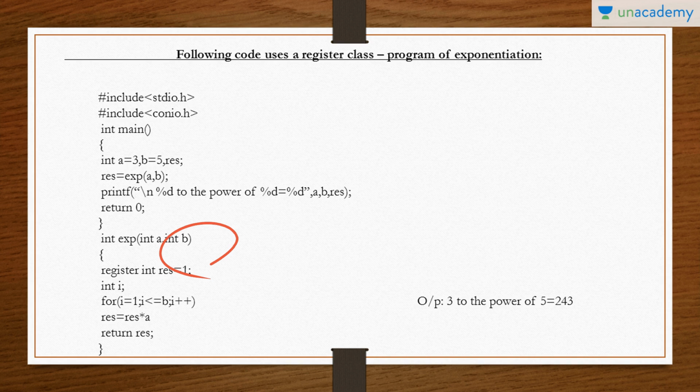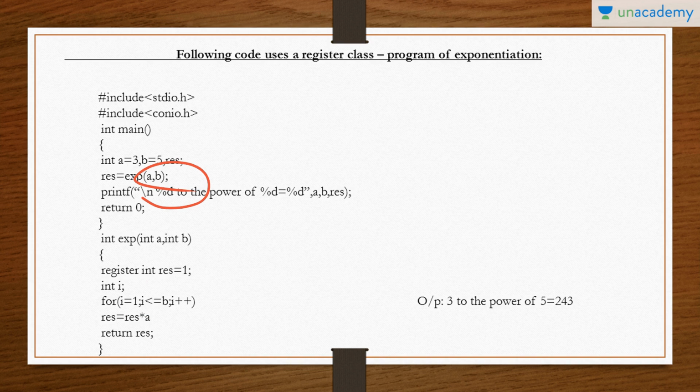As I told you earlier, you are all aware of why we use a for loop: it is used for continuous looping. So for i equal to 1, i is less than or equal to b, where the value of b is 5. So the value of i must be less than or equal to 5.